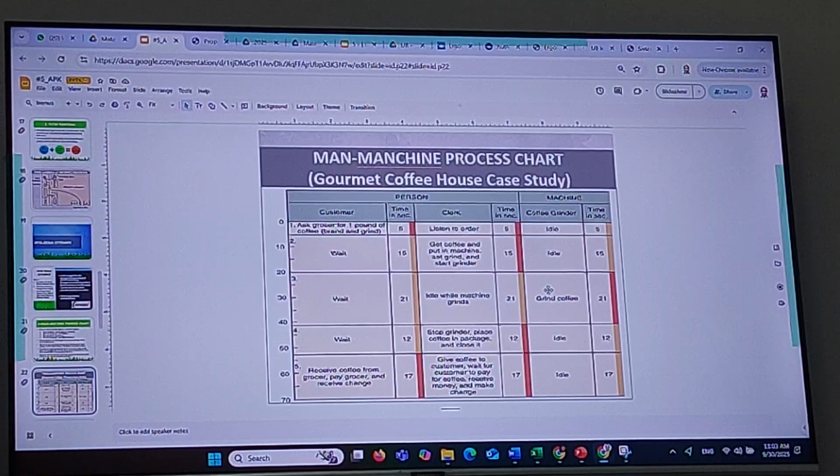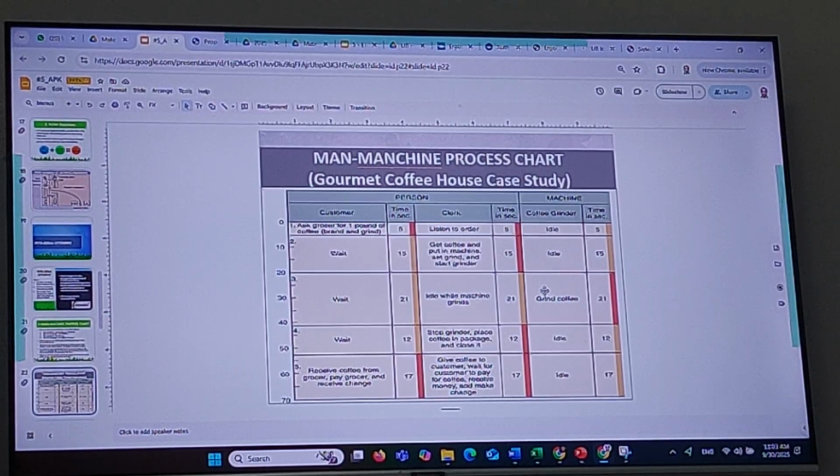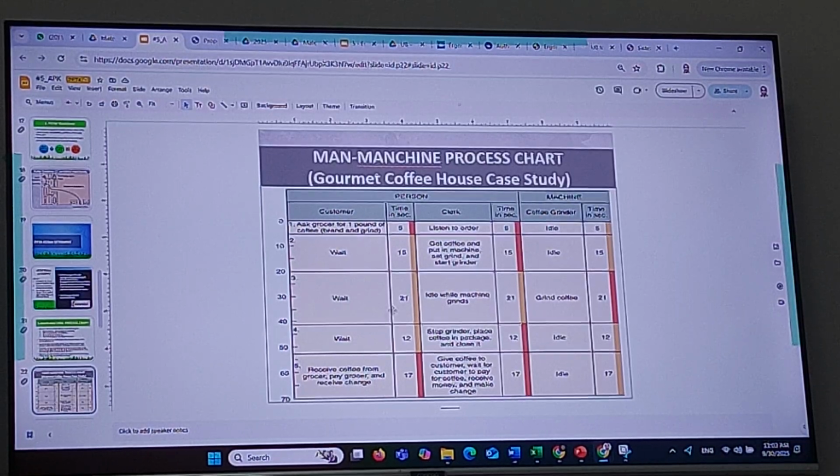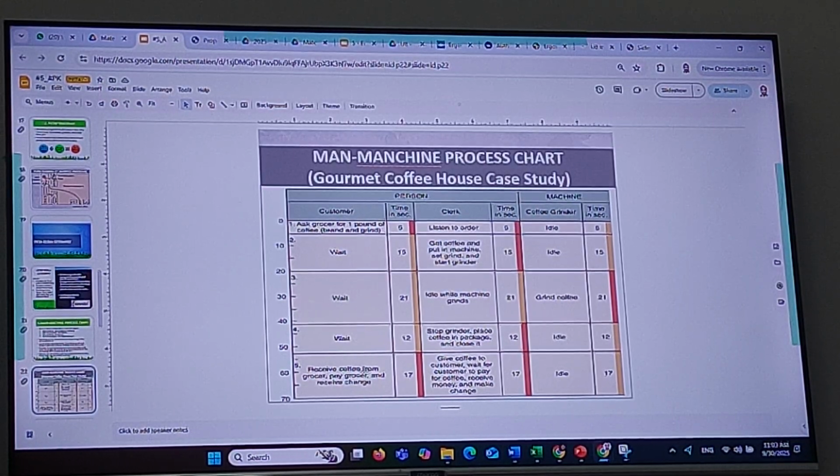So it divides like productive and non-productive activity, something like that. And then for the customer it is also still fine. That's why in this chart we try to analyze each part.